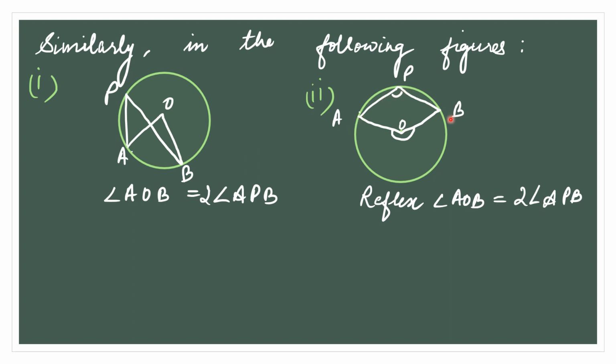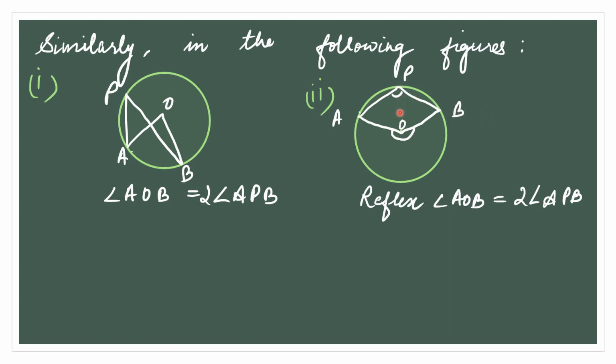Understood children? I hope you are understanding this. Once more I will explain this to you. See this APB, this is the circle. Here the center has an angle subtended at the center, AOB. This is the bigger arc of the circle, and it subtends an angle APB at the circumference.